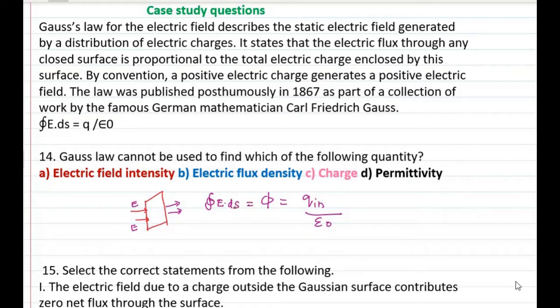This is the mathematical expression for Gauss law. From this we can calculate the electric field, we can calculate the charge, and we can calculate the permittivity. We cannot calculate the electric flux density. So the option is B. Density cannot be calculated.